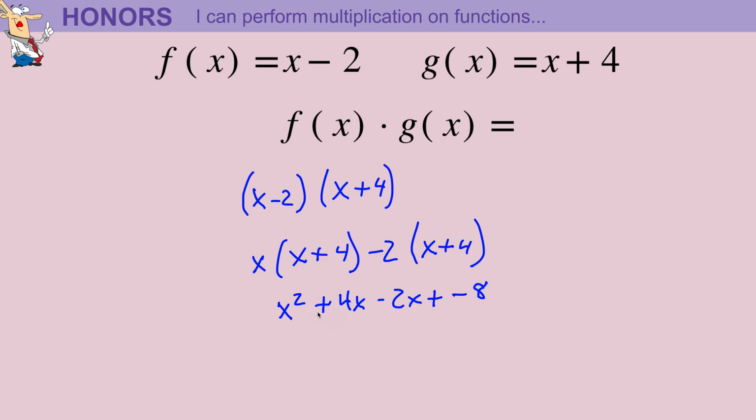So we'll go ahead and write it as x squared plus 4x, oh, what am I doing? Minus 2x minus 8. I should have just combined these terms while I was at it. So we'll go ahead and do that: x squared plus 4x minus 8.